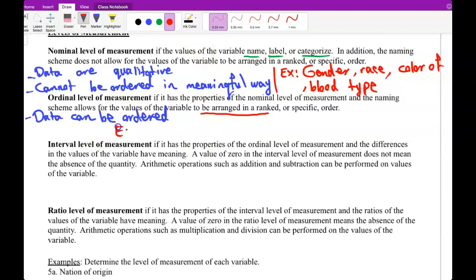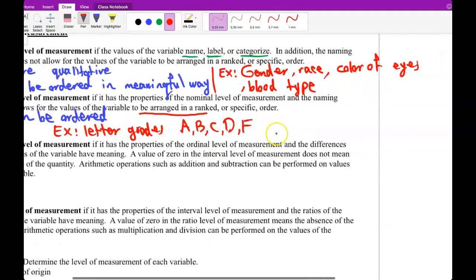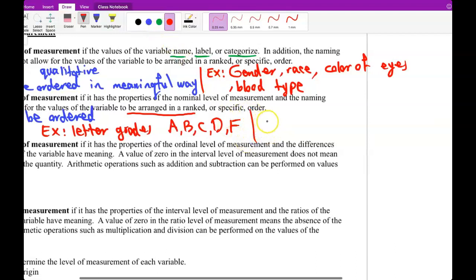Example. Letter grades. We can have A, B, C, and D, F. All of you should get A. Okay, another example. Rank order of winners.